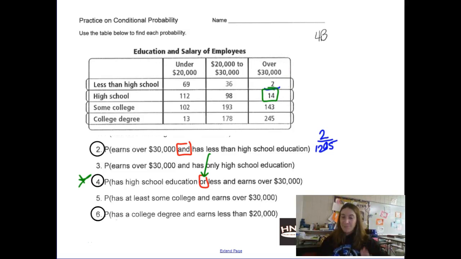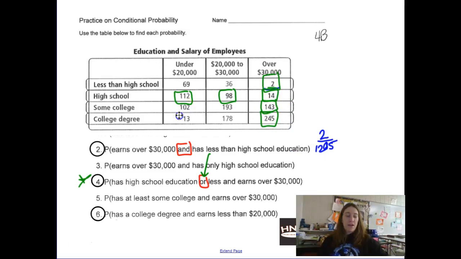So what I'm going to do instead is go through this chart and circle, or box in, things that I need. So high school education would be, I need you and you and you. Ding, ding, ding. I'll add those up. And then anybody else who I haven't already included who earns over 30,000. So you and you and you.